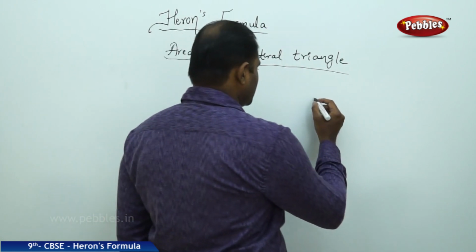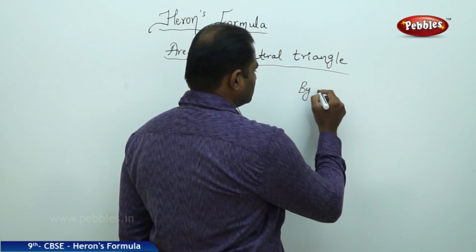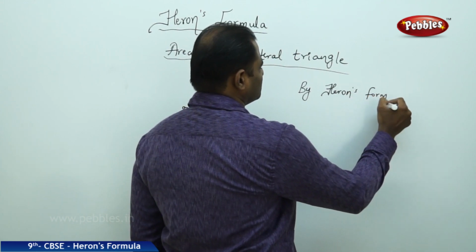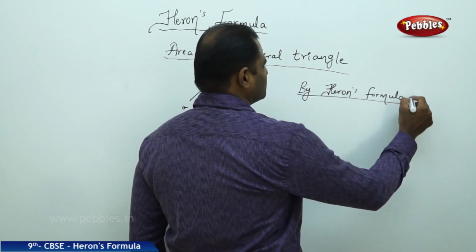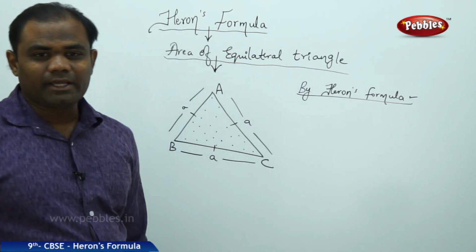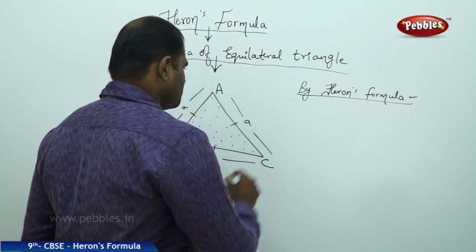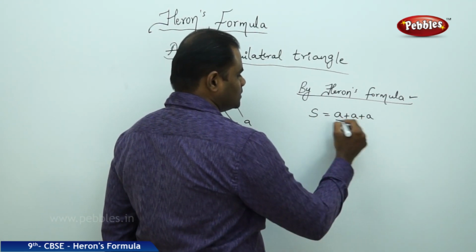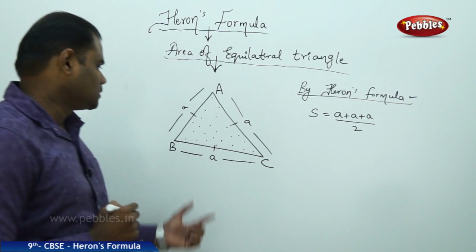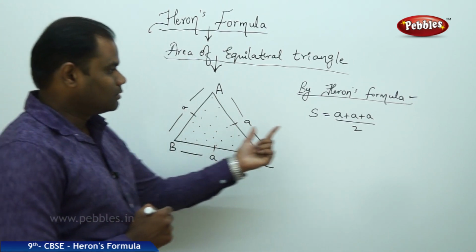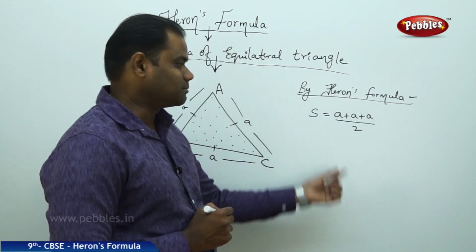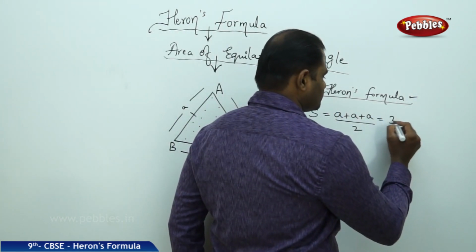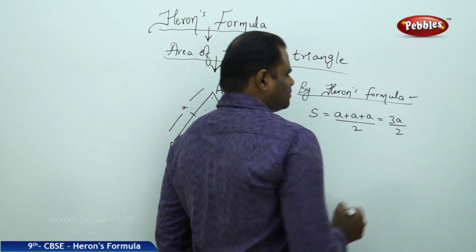So using Heron's formula, we know that the area of triangle is using the semi-perimeter. S is (A plus B plus C) by 2, because each of the sides is A. The sum of all the sides as the perimeter becomes A plus A plus A by 2, which is 3A by 2.